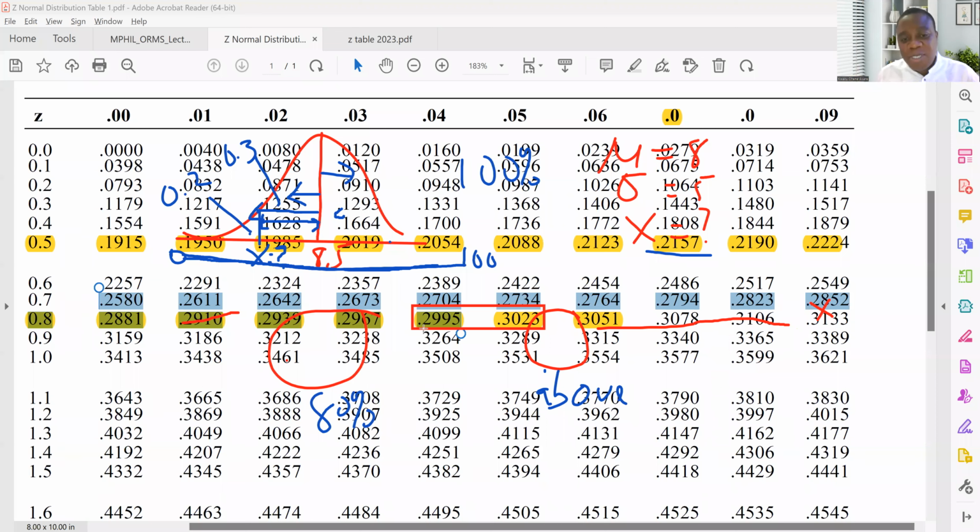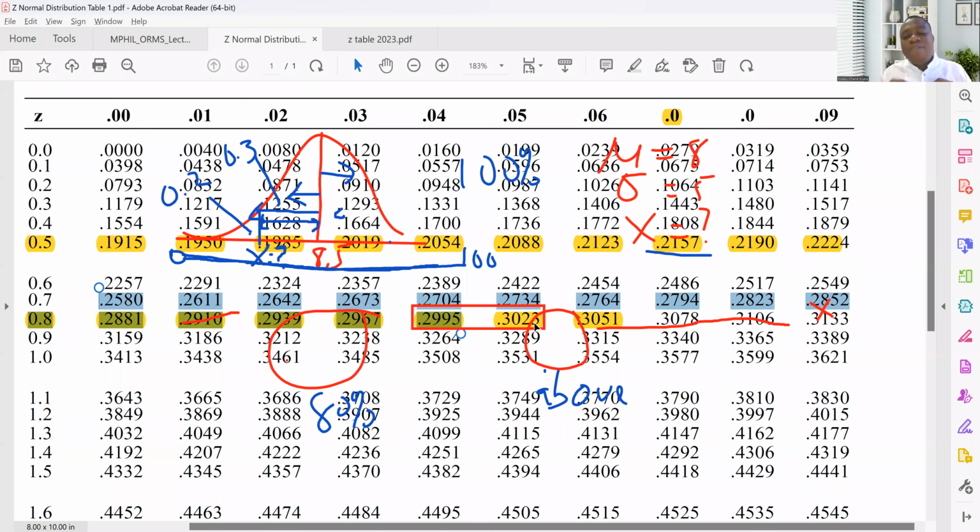0.3 minus 0.2995 will give you 0.0005. If you are dealing with 0.3 minus 0.3023, that will give you 0.0023.